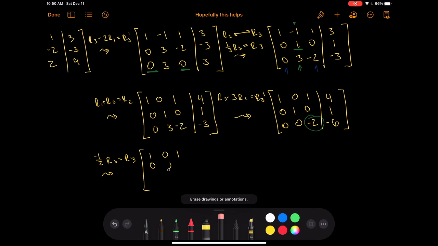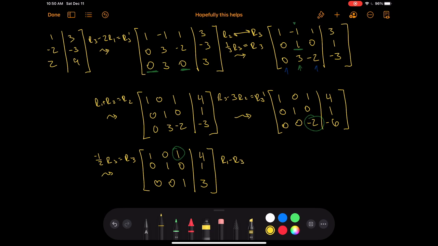Then 0, 0, 1. And then 4, 1, not 6, 3. And then lastly, we can eliminate this last one by subtracting R3. So R1 minus R3 would equal our new R1.